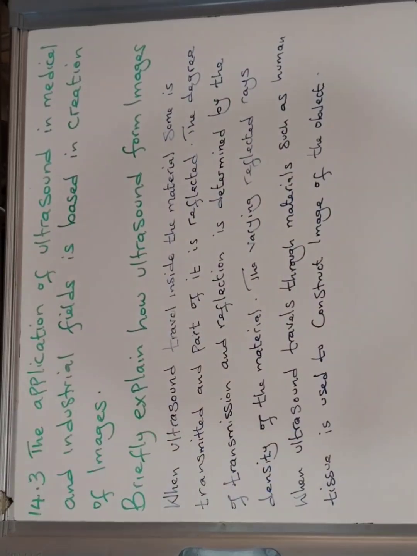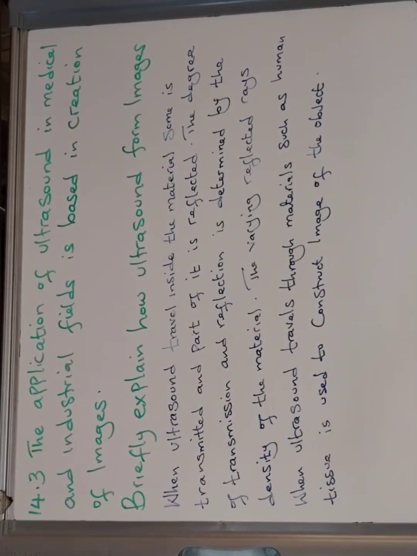So there we are. When ultrasound travels inside material, some is transmitted and part of it is reflected. The degree of transmission or reflection is determined by the density of the material.